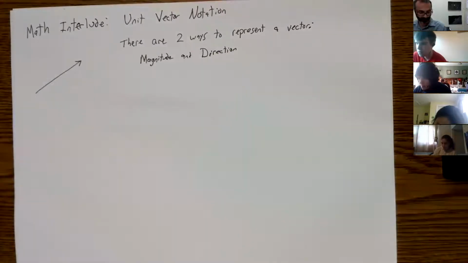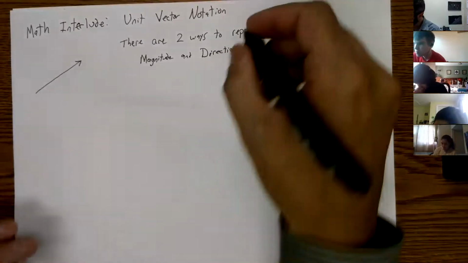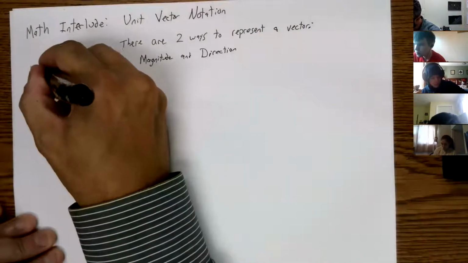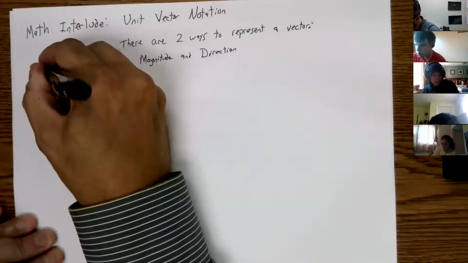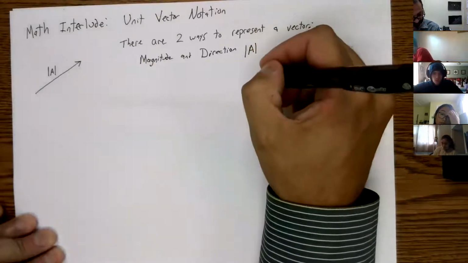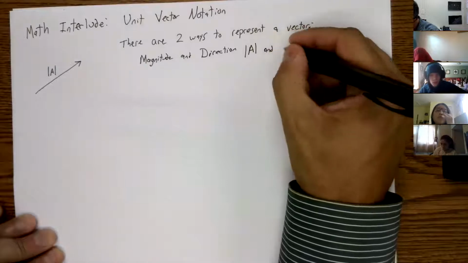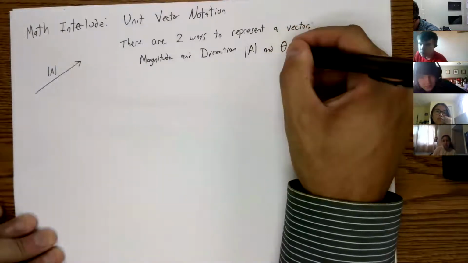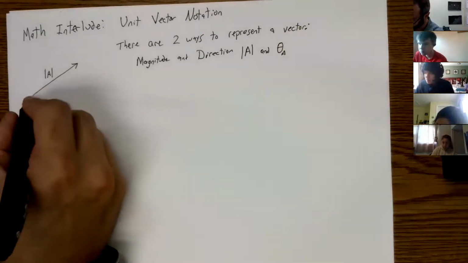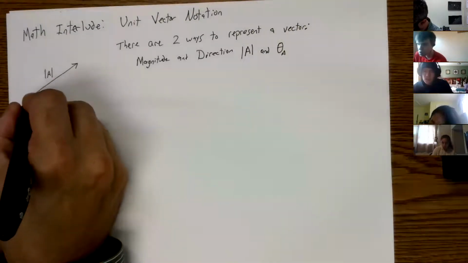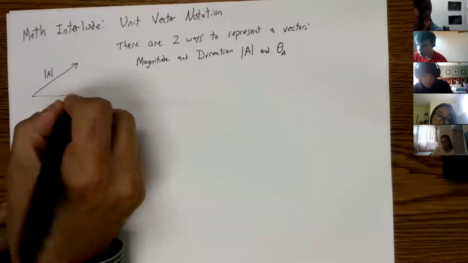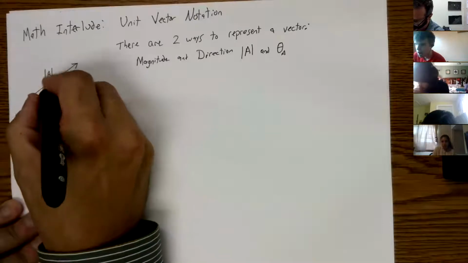So you can tell how long the vector is. That's the magnitude, and for vector A, we'll label the magnitude over here. And the direction would be the angle. We'll call that theta A, the angle that this vector makes with the positive x-axis. Unless we have a very good reason to define it otherwise, that's always how we're going to define our vectors.